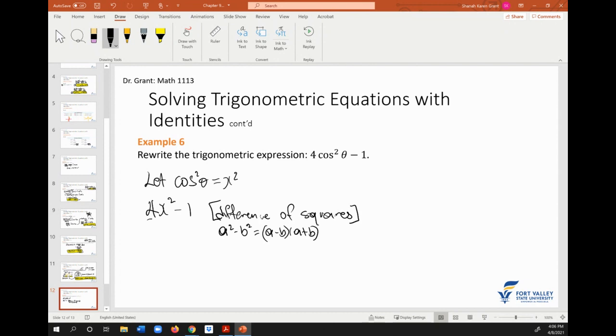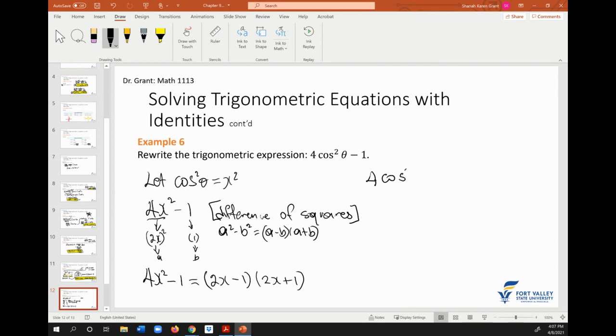So then what do we square to get this? Well, 2x. What do we square to get 1? 1. So my a is 2x, my b is 1. So that means 4x squared minus 1 is going to be equal to 2x minus 1 times 2x plus 1. In other words, if I were to rewrite this whole thing, then we have to replace x, right? Because that's what we did before.